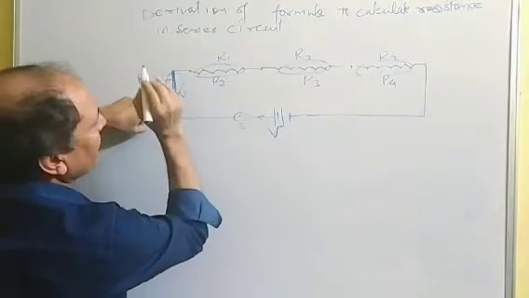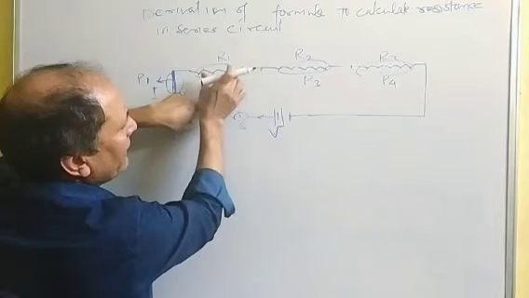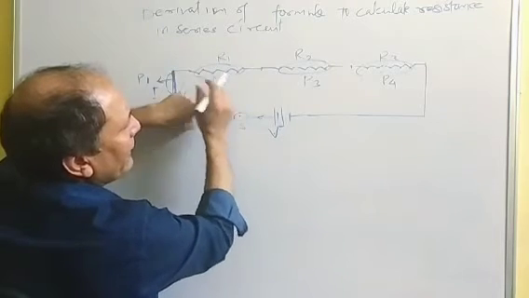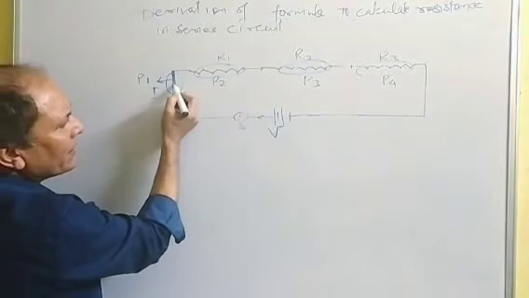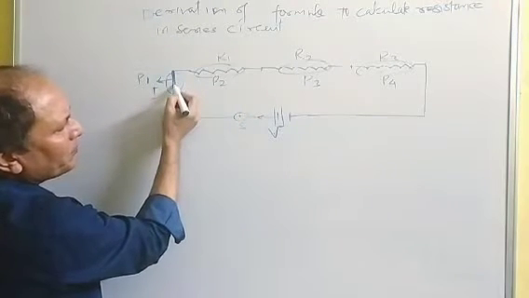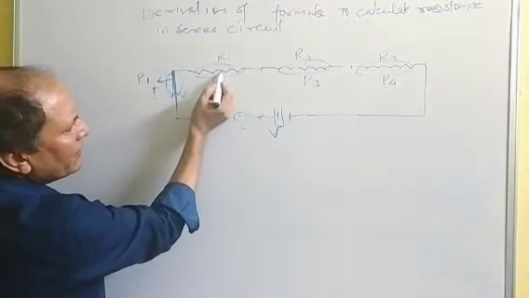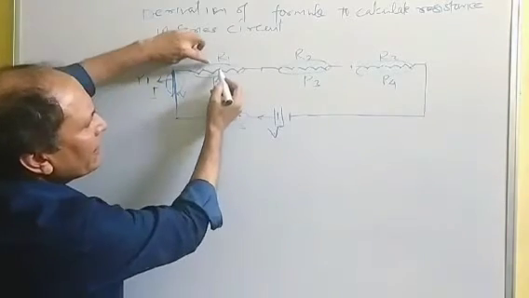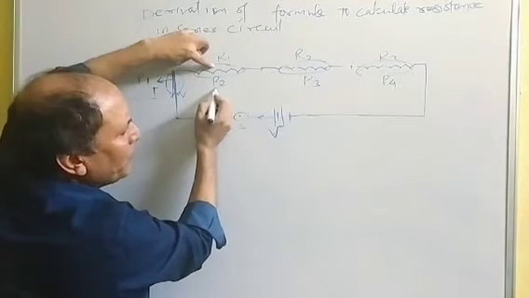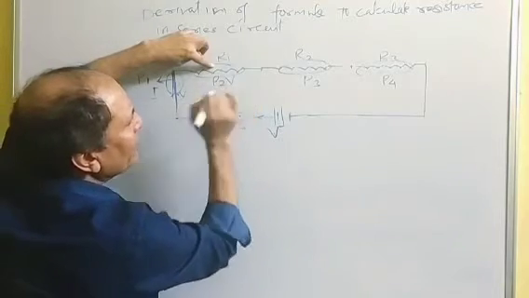Suppose that is V. But on point P2, there is a higher value of resistance, a different value than this one. The resistance here is varied from the resistance there. So on point P2, the potential difference also will change. Suppose there is potential difference V1.